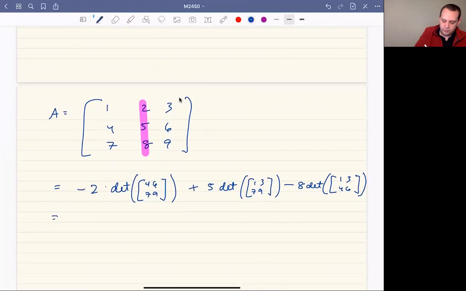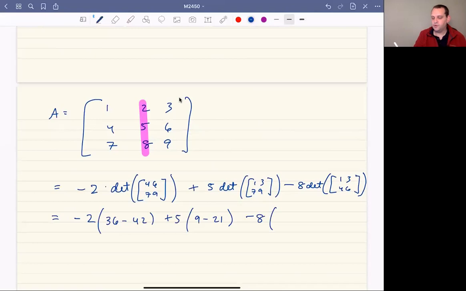And so we can compute that this will be negative 2 times 4 times 9 minus 6 times 7 plus 5 times the determinant of 1, 3, 7, 9. So that'll be 1 times 9 minus 3 times 7 minus 8 times the determinant of 1, 3, 4, 6.